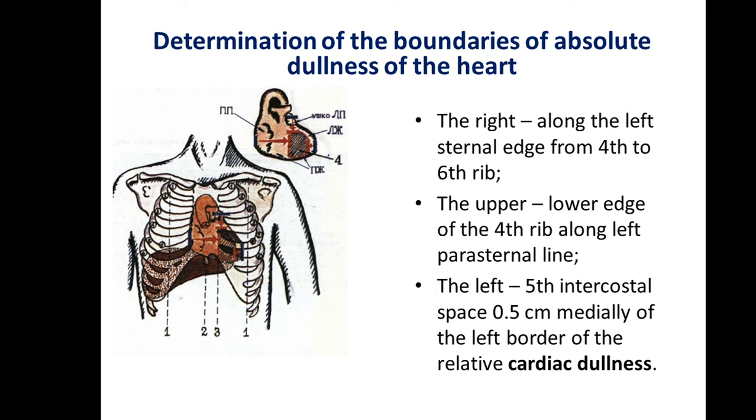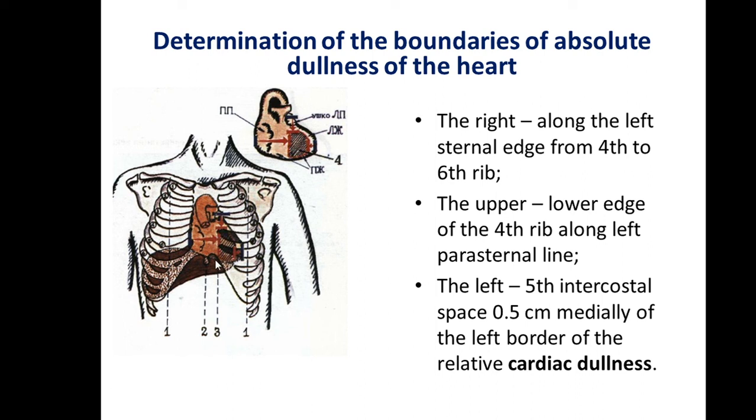We detect the right side along the left sternal edge of the 4th to 6th rib, the upper lower edge of the 4th rib along the left parasternal line, and the left fifth intercostal space 0.5 centimeters medially of the left border of the relative cardiac dullness. You see 1 centimeter or 0.5 centimeters inside the left relative cardiac dullness.